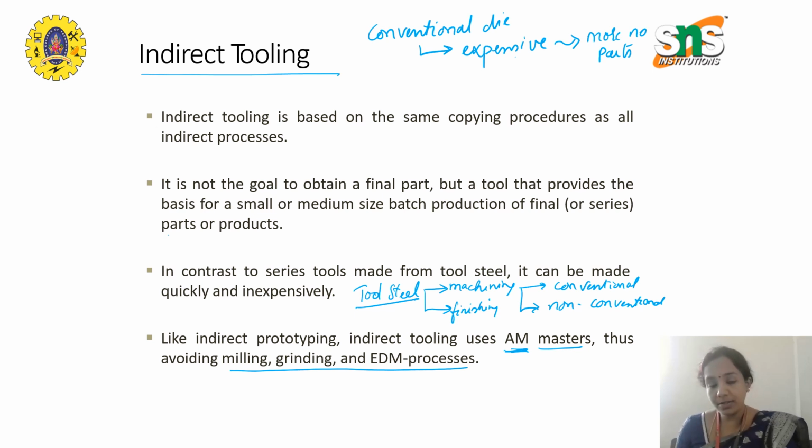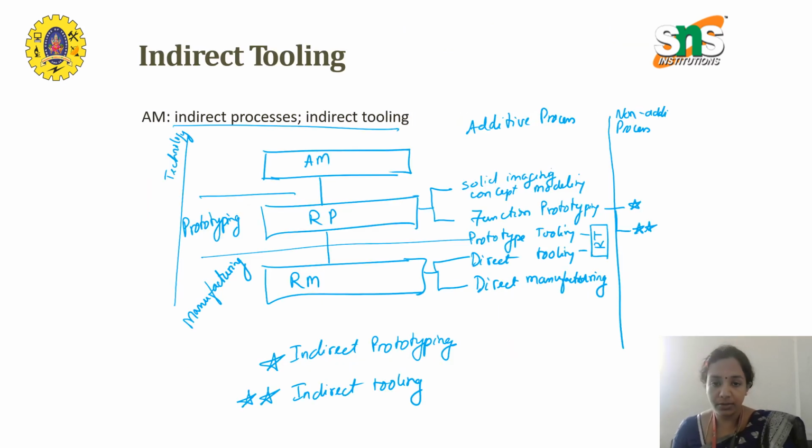It is the process of making not only the final part, maybe one part, but in a perfect manner, so that it can be applied or fixed in a car or many other big industries. In contrast to series tools made from tool steel, it can be made quickly and inexpensively. Like indirect prototyping, indirect tooling uses additive manufacturing masters and it avoids milling, grinding, and EDM processes.